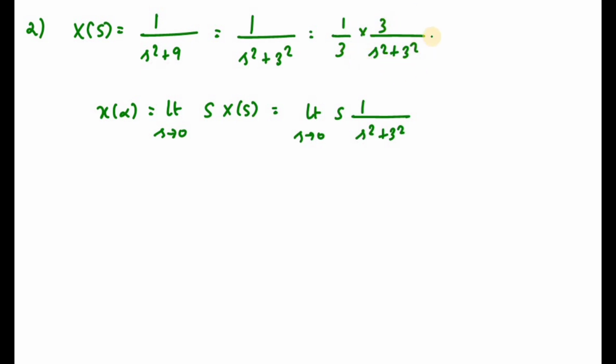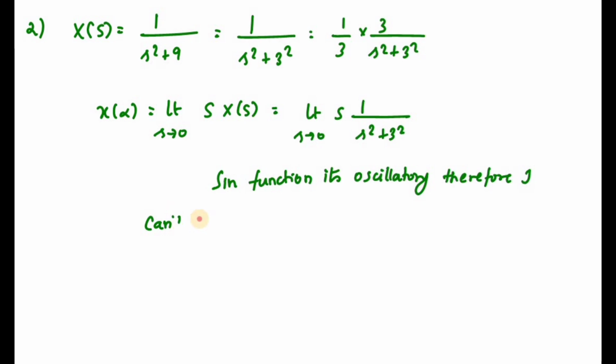Whenever I get a sine function, that is oscillatory, right? Therefore I can't find the value using the final value theorem.